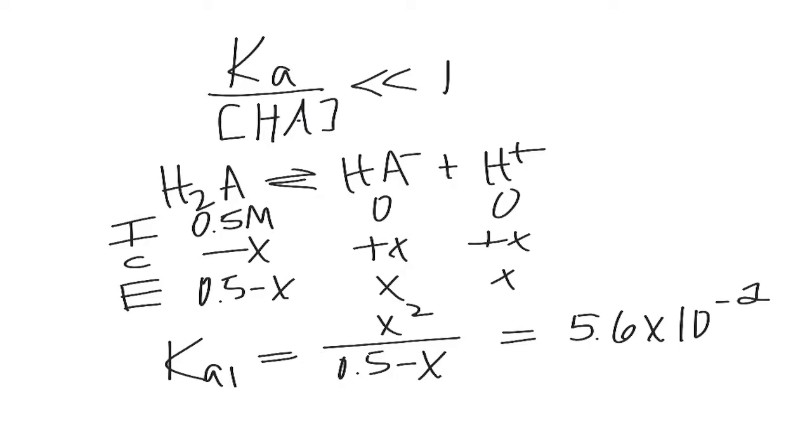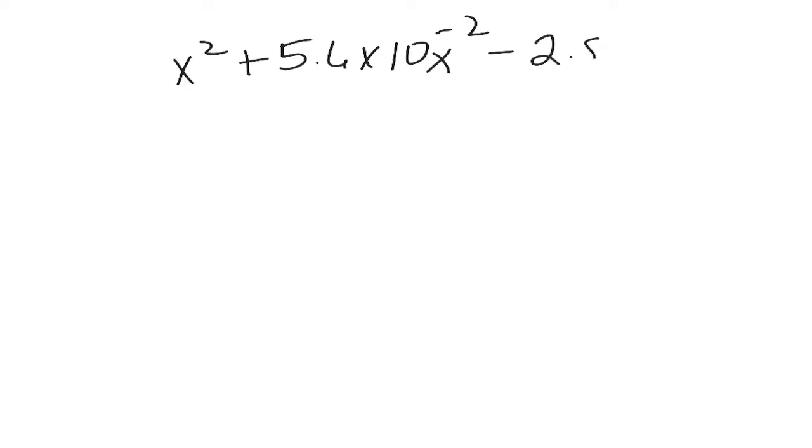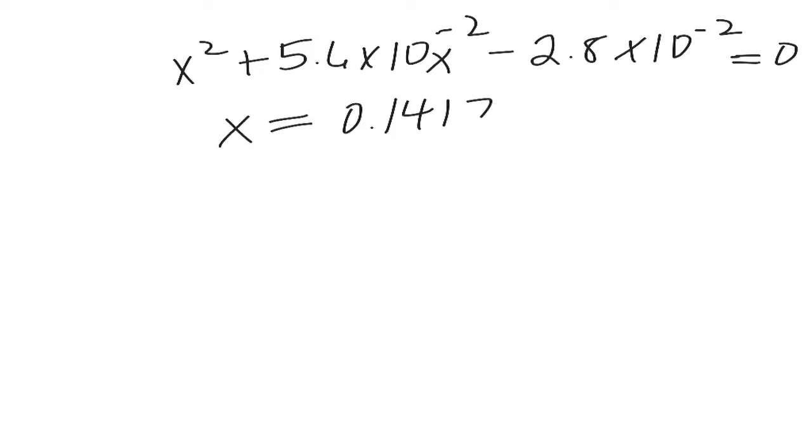If we were to get the exact answer, we would have to use the full quadratic formula after solving for the quadratic form. In solving this for x, we end up getting 0.1417 molar. But there's an easier way to do this.